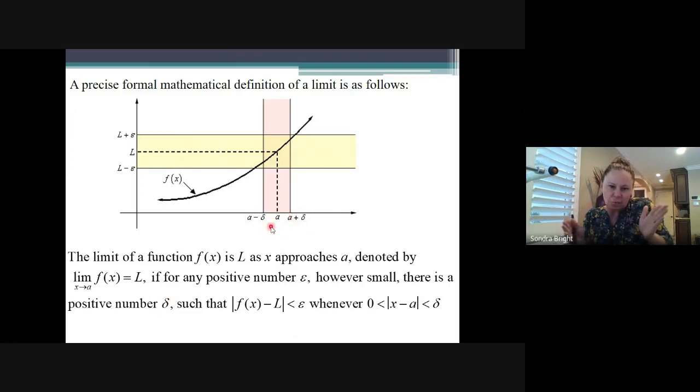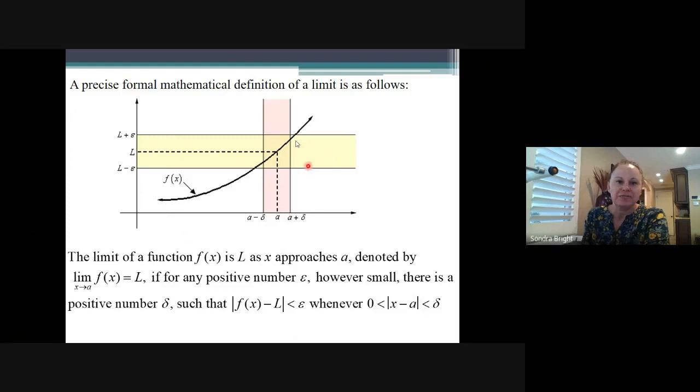So you're given this little window such that the absolute value of f of x minus L is less than epsilon whenever the distance between x and a is less than delta. All right. Don't stress about it.